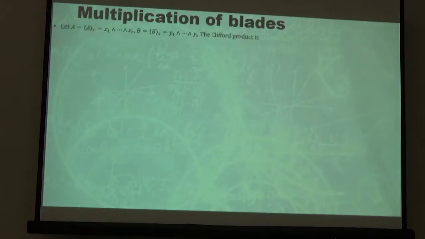Multiplication of blades. In this case, things are getting a bit more complicated, so we have to condense the language and make it a little simpler. We're going to say A is equal to this, and B is equal to this bracket, the wedge, and the Clifford is the Clifford product.